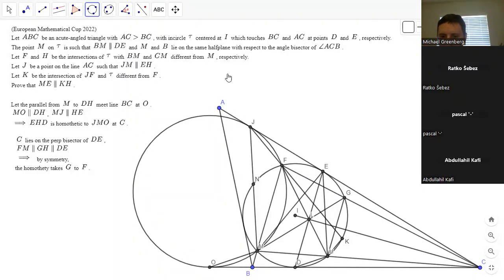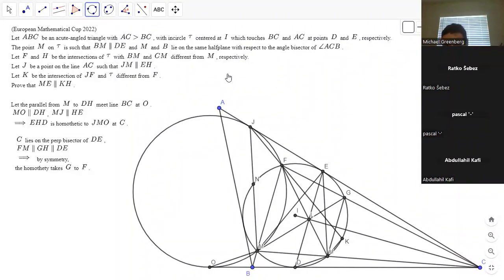So angle MKH equals angle MFH equals angle. No. We have that MEK is MFK, and that is MJC, and that is HEC, EH.